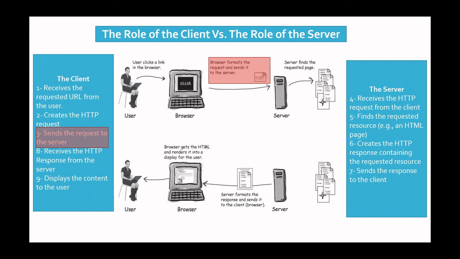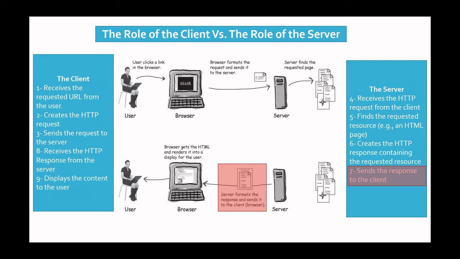All right, and then the server needs to have a mechanism to receive that request and read it. And then it looks for the resource that was requested in the set of resources that are stored in that server. All right, once it finds it, it creates the HTTP response around it, and then sends it to the client.